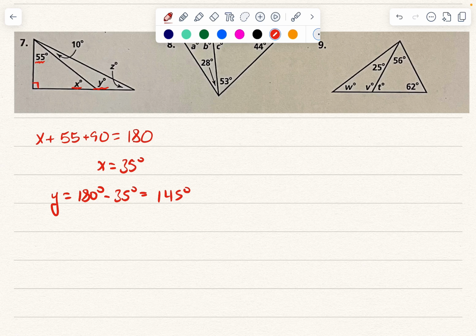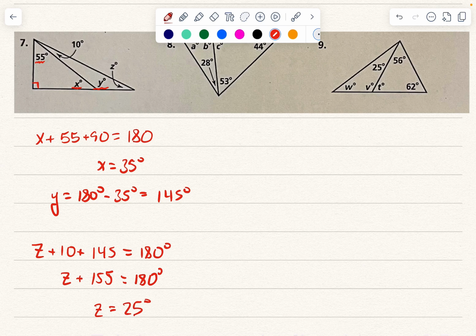And then to figure out z, you go, well, now there's another triangle, and that triangle has z and 10 and y, 145. And those all together must add up to be 180. So 10 plus 145 is 155. So z plus 155 must add up to be 180. We subtract the 155 and we get 25 degrees. z must be 25 degrees.